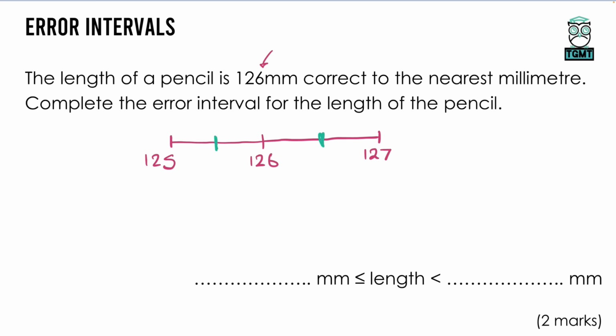Now, in between 125 and 126 is 125.5. And in between 126 and 127 is 126.5. So they are the bounds that we're going to put on the left and right within our error interval. So we're just going to put the 125.5 on the left and 126.5 on the right, and there's our error interval.